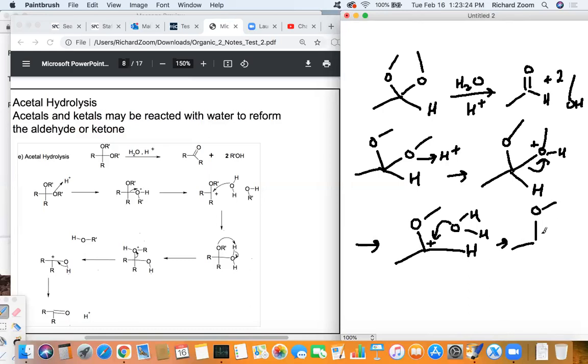And then we'll still have an alcohol group attached. Now, if I want this alcohol group to leave, which I do because I can see that the product doesn't have any alcohol groups on it, then I can do this proton transfer and have the O grab a hydrogen off the water here.